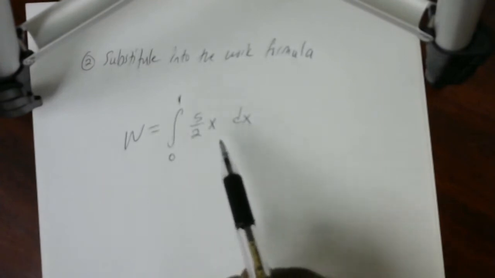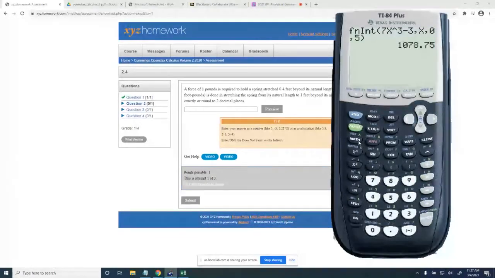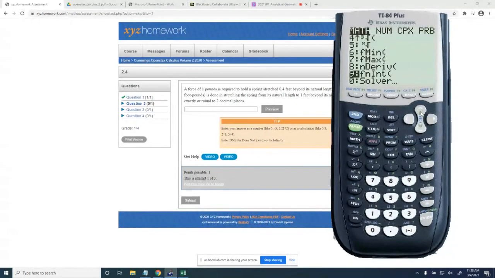All right, so here is our work integral. It's equal to the integral from 0 to 1 of 5/2 x dx. I'm going to perform this calculation on the calculator. I'm going to go into math, function integration.